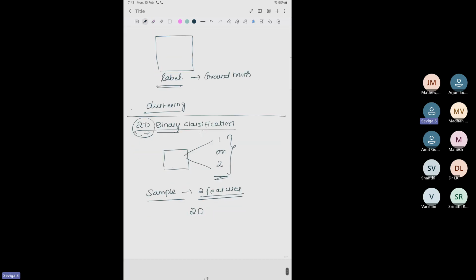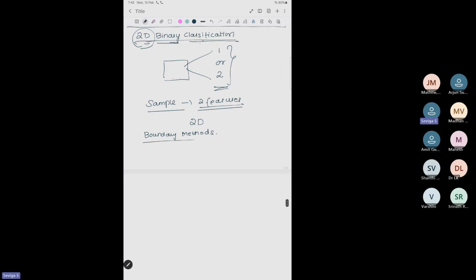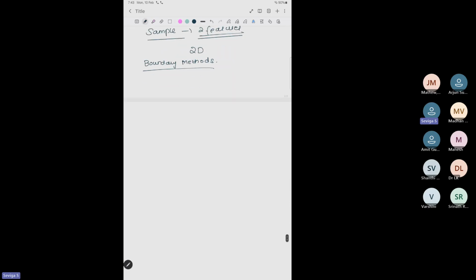There are several techniques in it. The first set of techniques in 2D binary classification is called boundary methods. Is it clear what classification is? We saw binary classification. The first technique we will see is the boundary method.